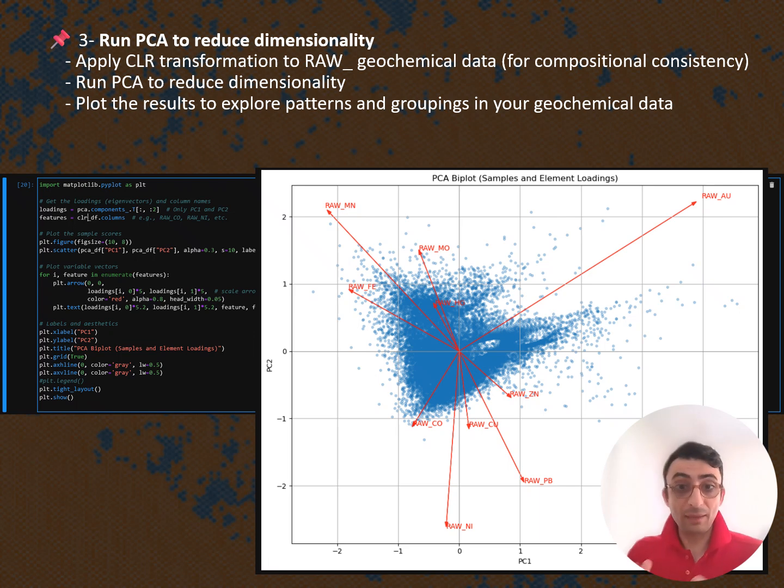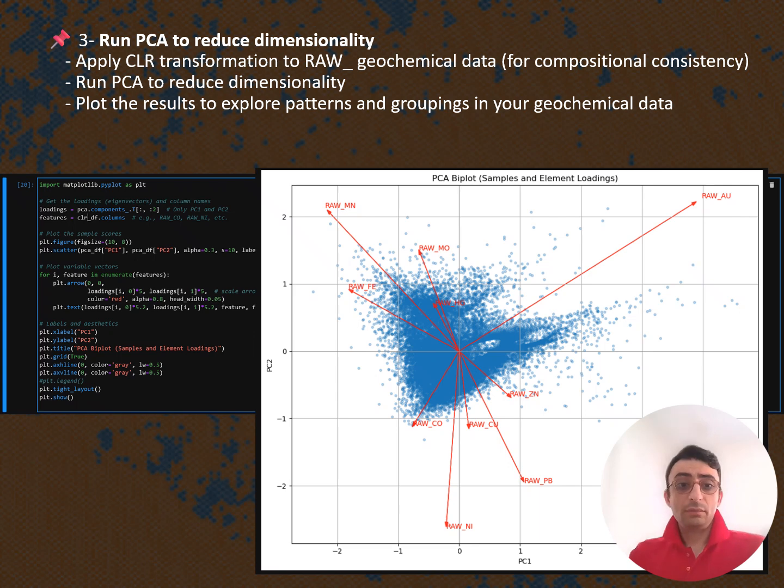These suggest these elements have a different geochemical behavior, potentially related to host rock, alteration, or environmental background. Zinc is close to the center, with low influence on PC1 or PC2, a weak contribution to variance compared to the others.